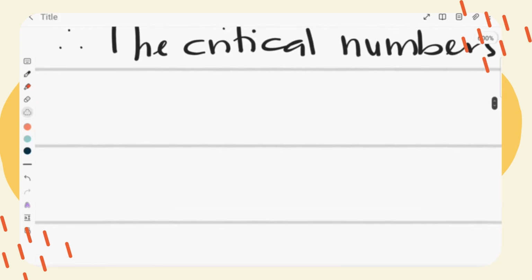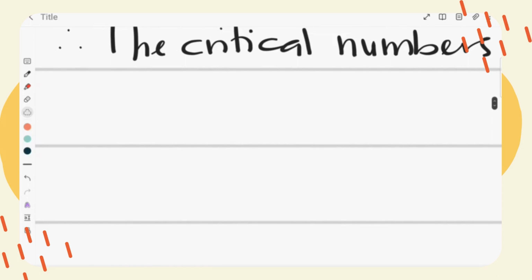So we move to the next question, which is to find the points at which f(x) has a relative extremum by using the second derivative test.